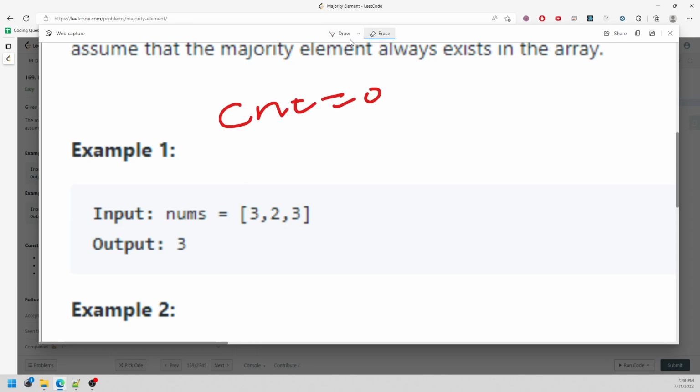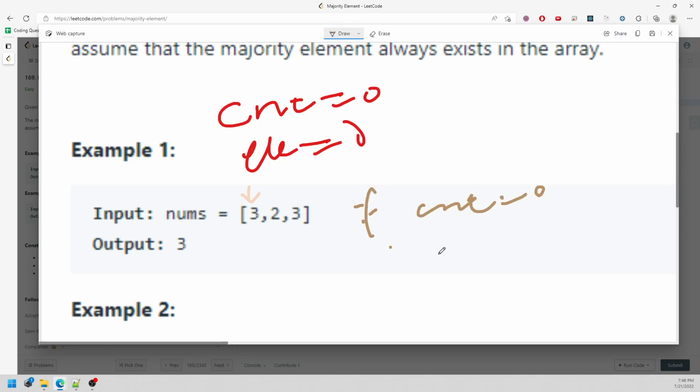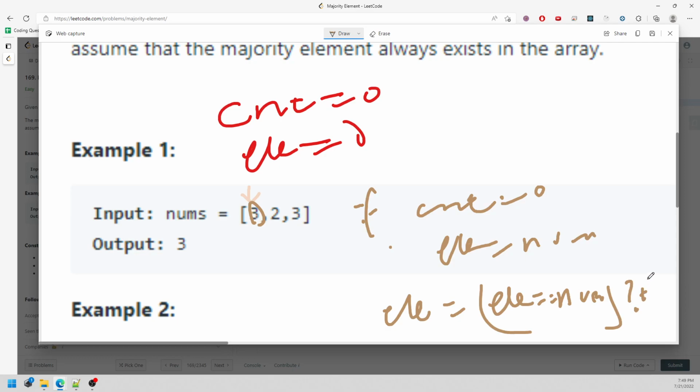If my element does not equal the num at the index, I'm going to decrement the counter, and if my counter is equal to 0, I'm going to set the element to the num. If the element is equal to the num, then you plus 1, else minus 1.